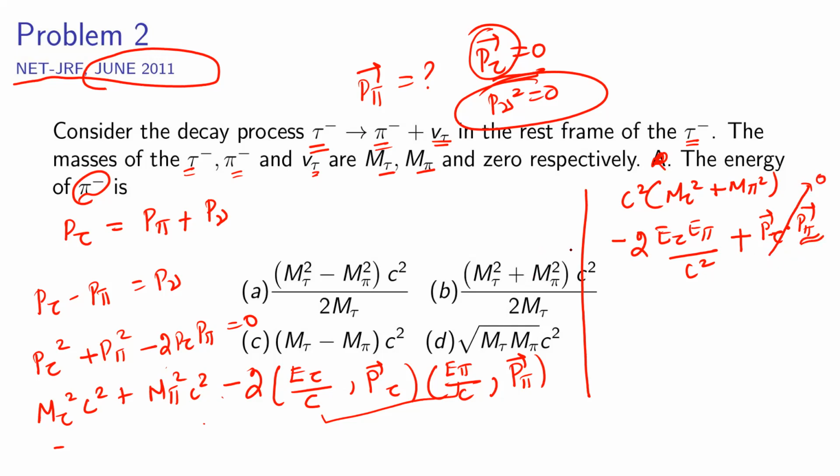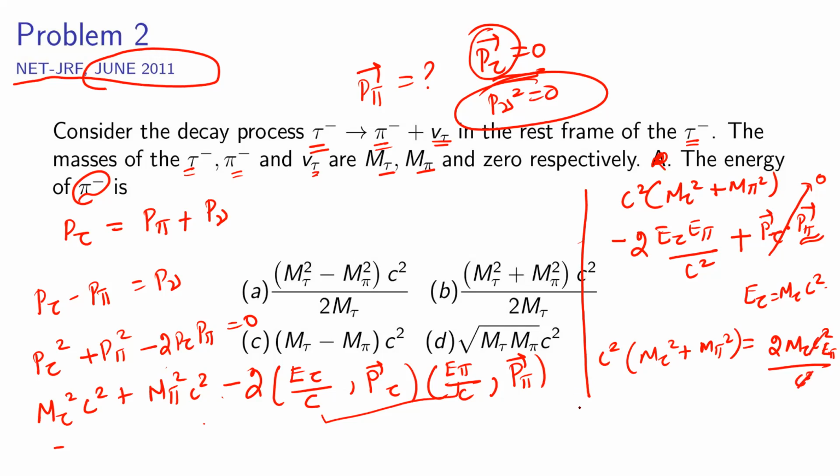Now from here, what's E tau? Since it's initially at rest, we know that E tau is equal to m tau c square. Now you just use this. You see that c square times m tau square plus m pi square, you can take this to the other side. That's equal to 2 m tau c square, and there's also E pi divided by c square.